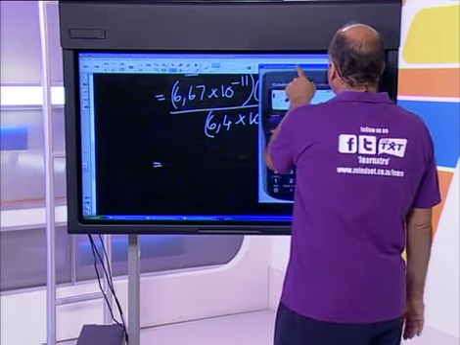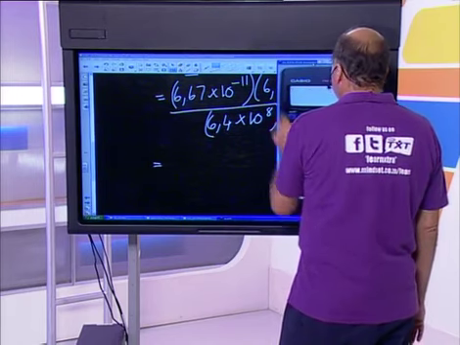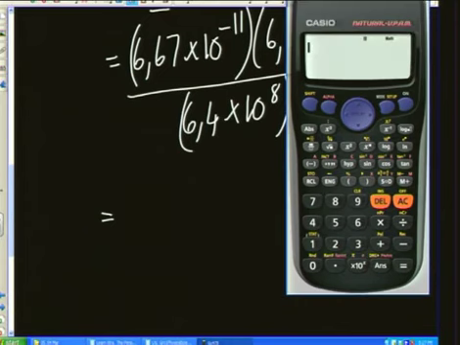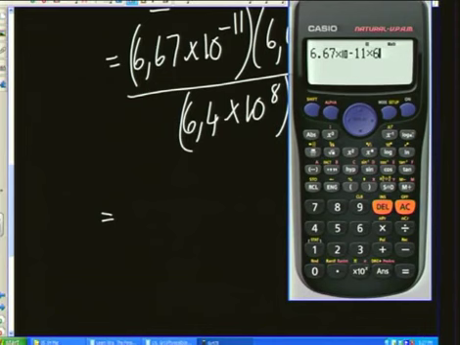So make sure you're familiar with scientific notation and exponents. So let's go to our calculator here. Let's just take that off for a minute because it's going to give us grief. We go 6,67 exponent negative 11. And we want to times that by 6, check the reading, times 10 to the 24.